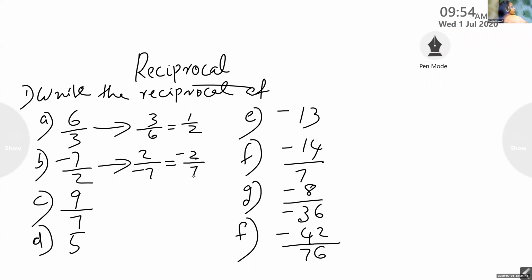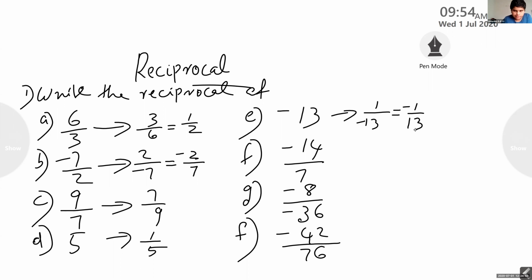Fadil, next answer. 7 by 9. Next is Nandana Sharath. Next answer is 1 by 5. Correct. Now, Irene, switch on your video. 1 by negative 13, or we can write negative 1 by 13.